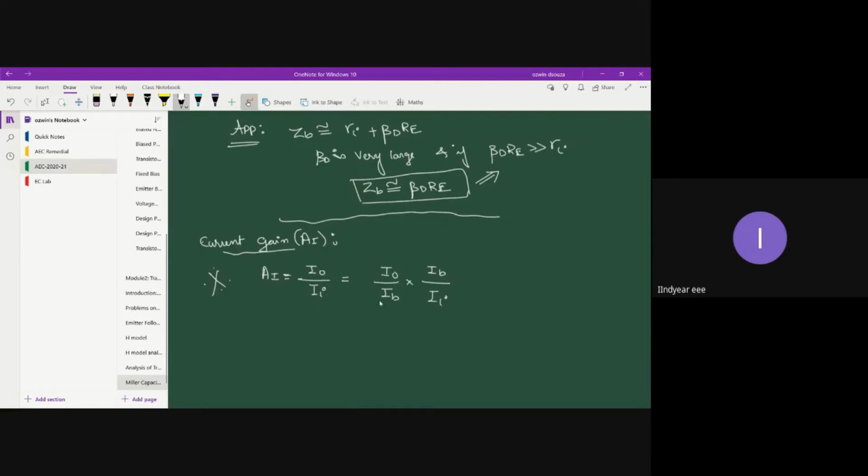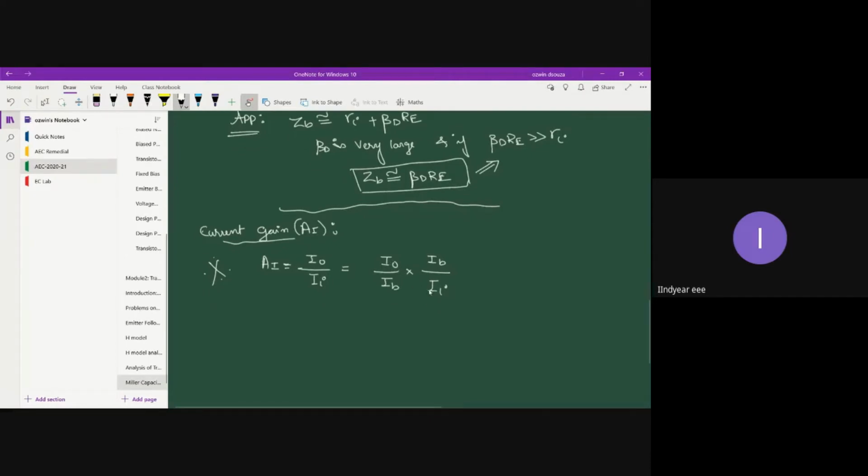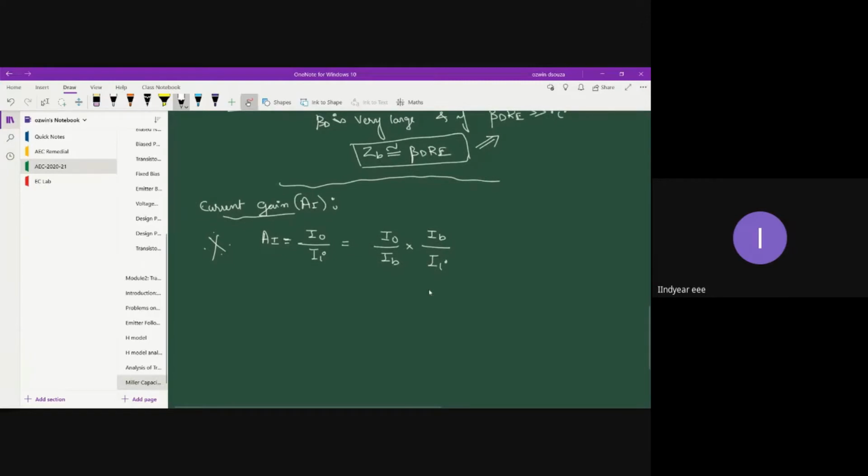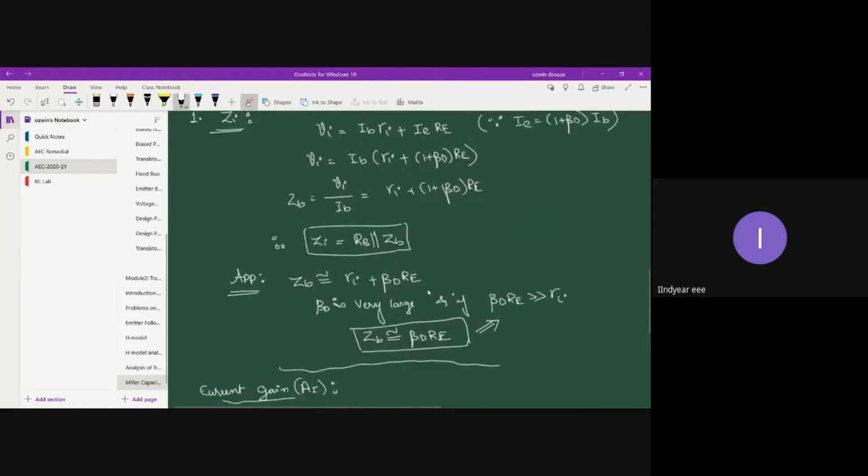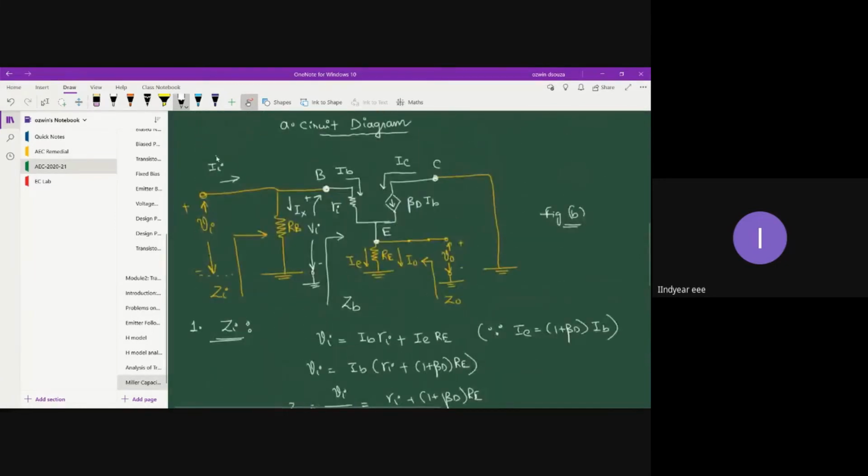Because IB is going to cancel out with this IB, so you are left with I naught by II. Now, by doing so, what we get is a proper relationship between the two currents, because on the input side you have current II as well as current IB, and on the output side you have current I naught. So you will be able to relate all these currents together.